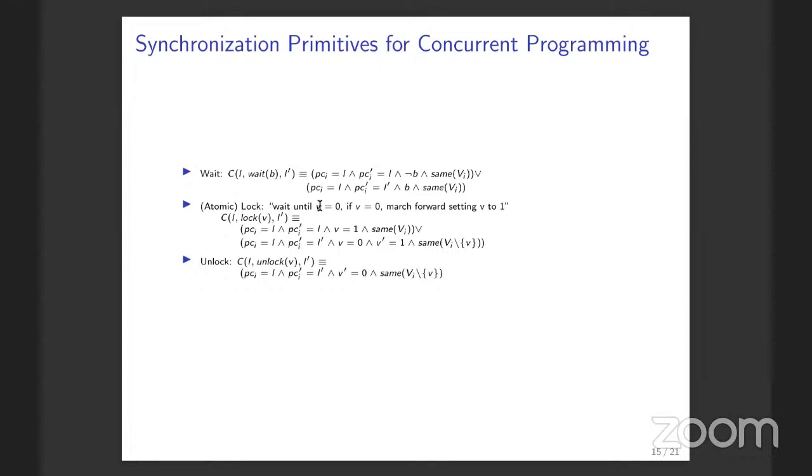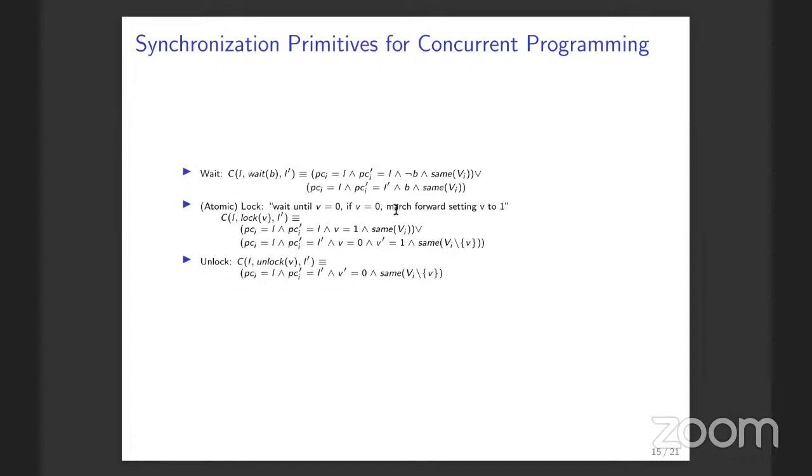A variable V. It blocks the process, keeps it waiting until V becomes 0. That means if V is not 0, then it keeps it waiting.